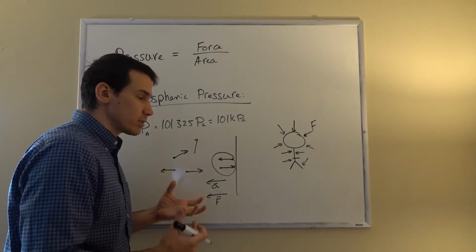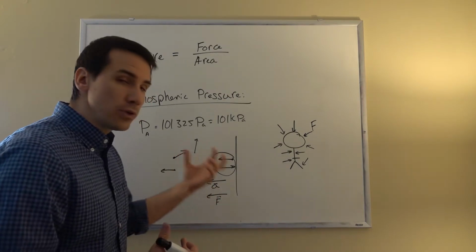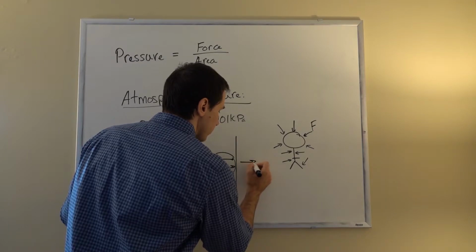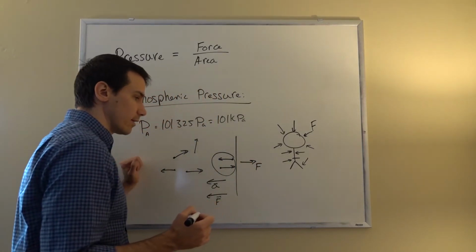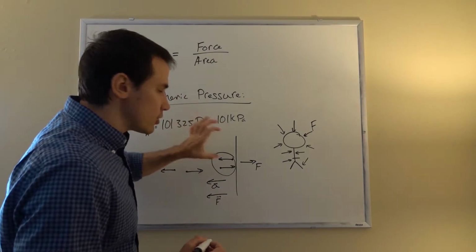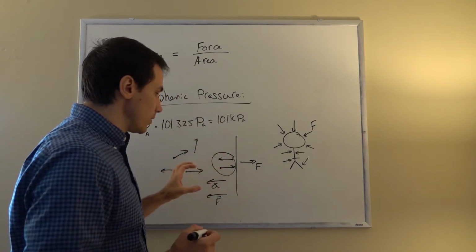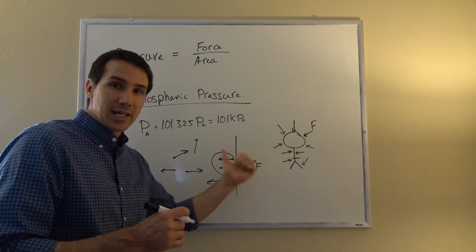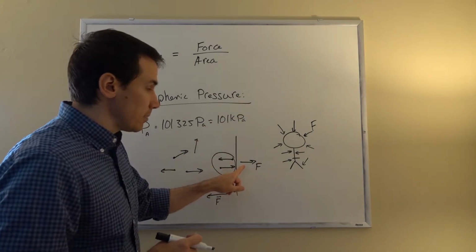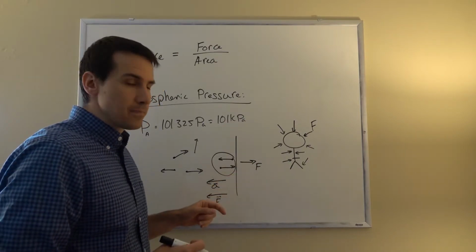But we know from Newton's third law that if you apply a force to the left on an object, then it applies a force to the right on you. So each time an air molecule bounces off of you, you apply a force on it outward to send it back, and it applies a force on you inward.